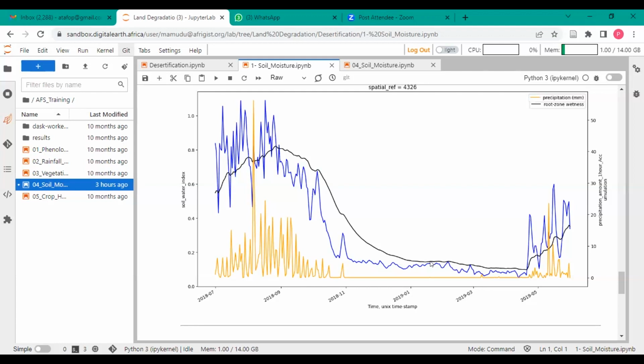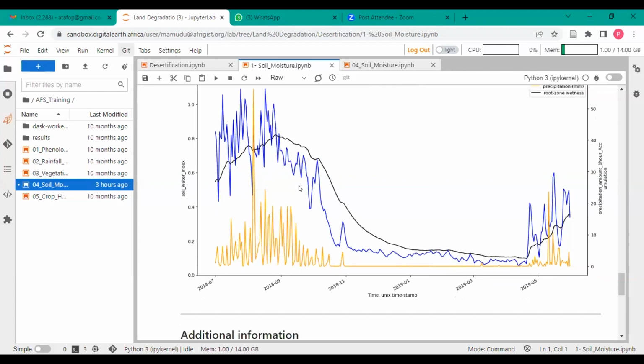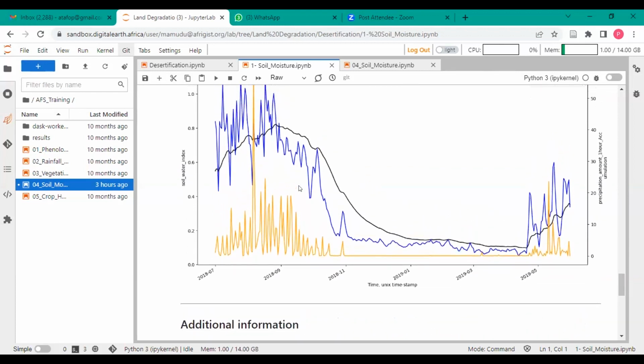However, we also know that there are certain crops that may thrive more in the rainier season or in the periods when we have high moisture, and there are other crops that might thrive better using drier soils. And so this gives us some indication of the nature of how precipitation affects the moisture in the soil in our study area. So that is it for this notebook.